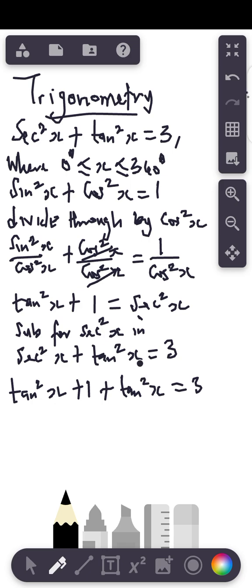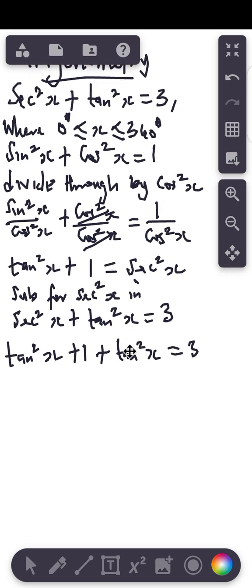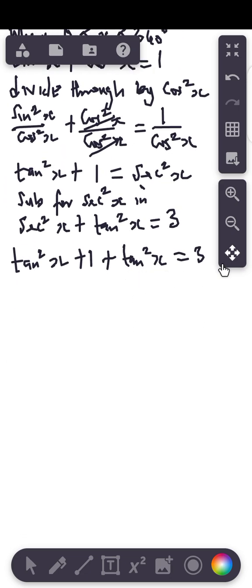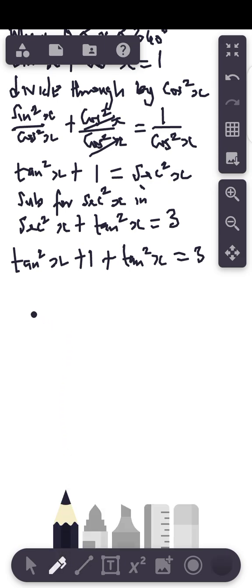Now let's collect like terms. Tan squared x plus tan squared x will give us 2 tan squared x, equal to 3. Then this plus 1 moves to the other side and becomes minus 1.